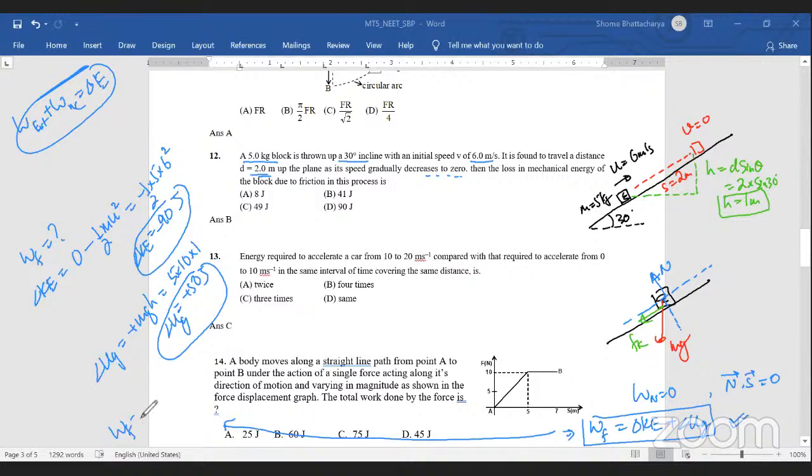Work done by friction is equal to minus 90 plus 50, so that is minus 40 joules. It probably should come to 41 because we have taken g as 10, but if you take g as 9.8, you will get 41 instead of 40.